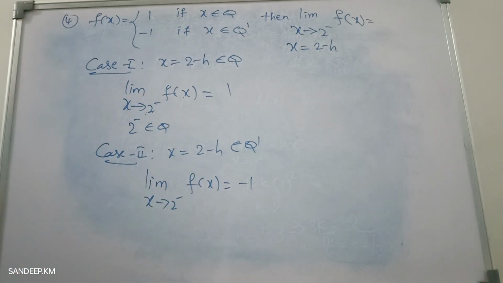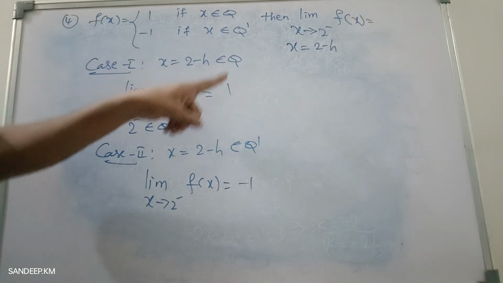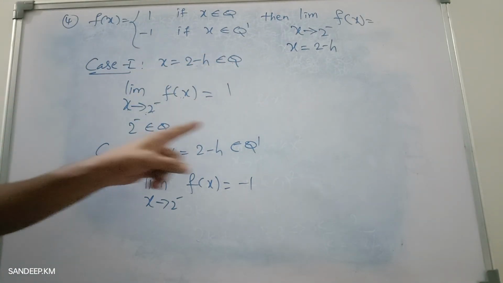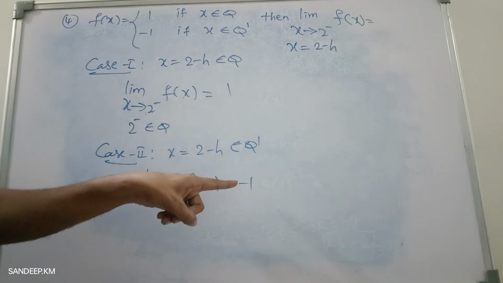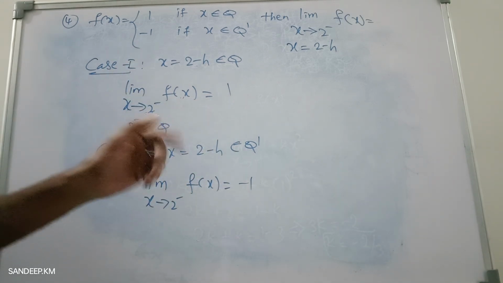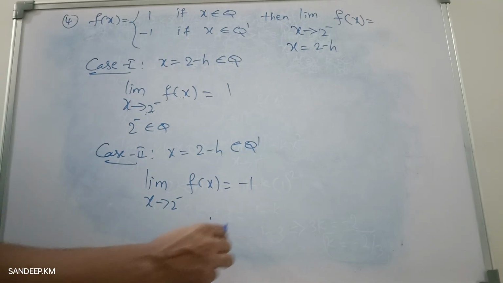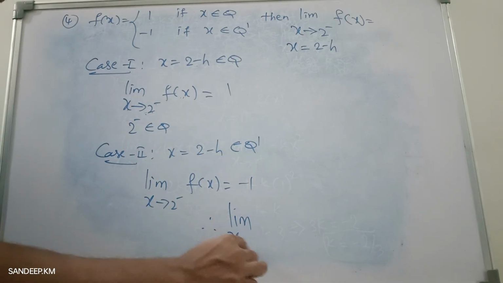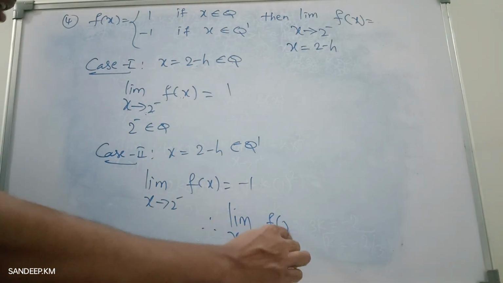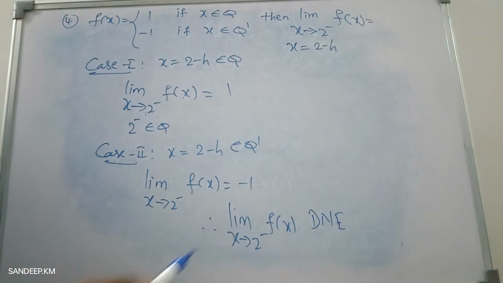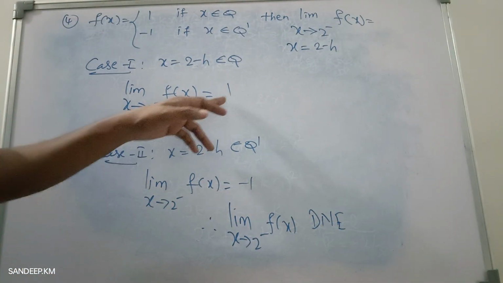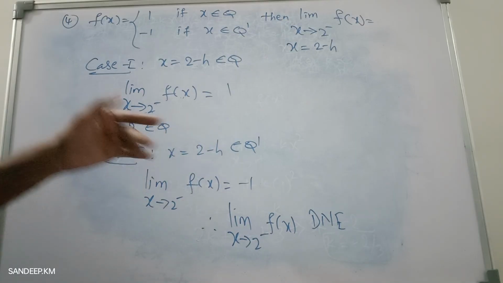But the problem is that when x is rational, LHL is plus 1, and when x is irrational, LHL is minus 1. We are not getting the same answer. Therefore, what is the conclusion? Limit x approaches 2 minus f of x does not exist. The left hand limit doesn't exist, because we are getting different answers for the left hand limit.